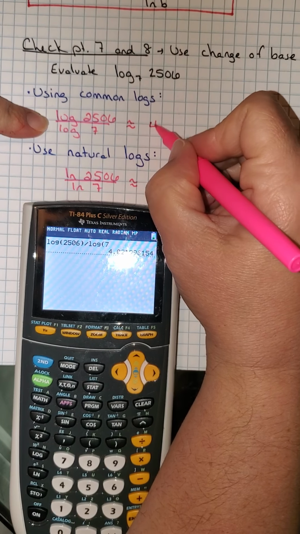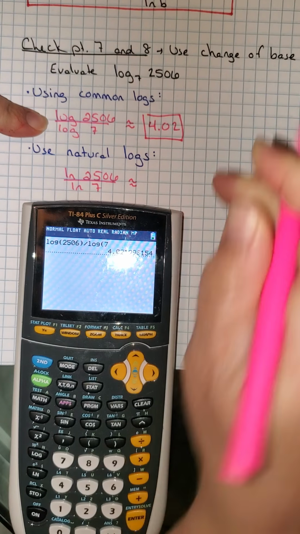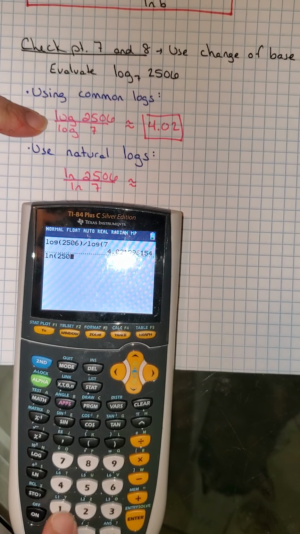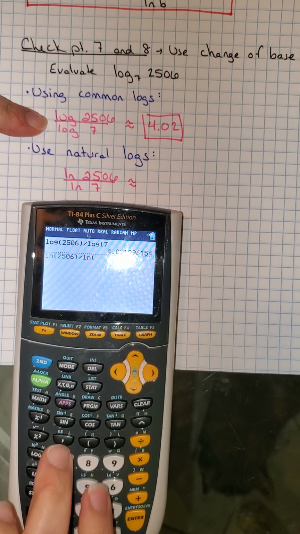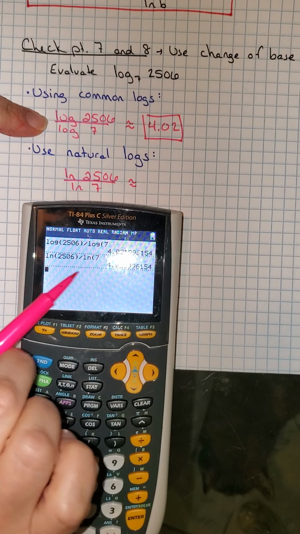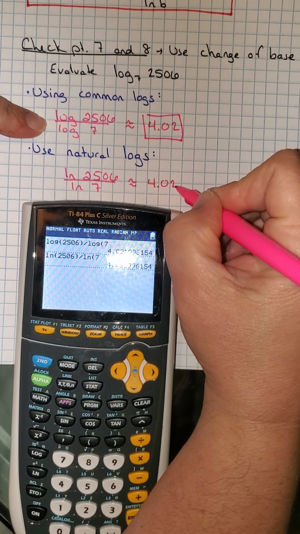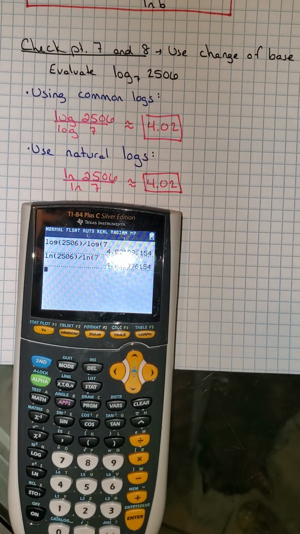So you get 4.02. And if you do the exact same thing with natural logs, natural log 2506, close parenthesis, divide by natural log of 7. The two logs do have to match though. You get the same answer. It's just two ways of evaluating the same problem.